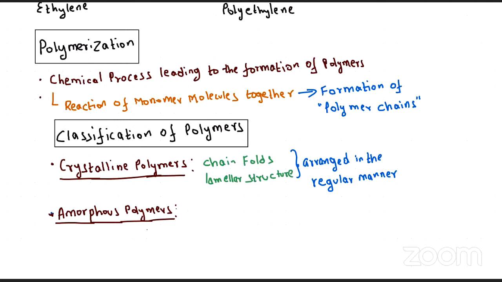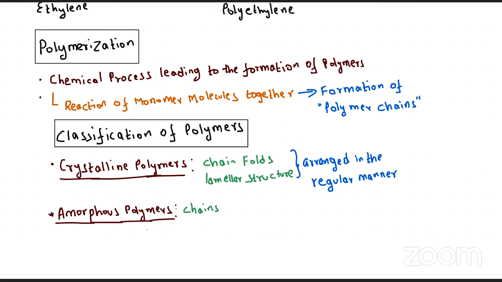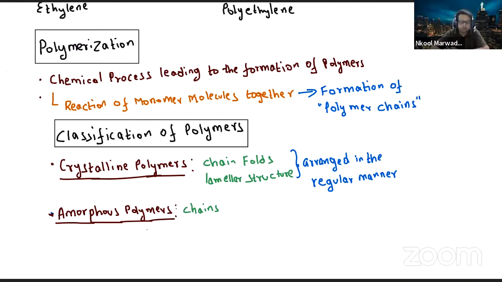Here the chains are in an irregular manner. What chain? Polymer chain. Because we know a polymer is made up of chains of monomers. That chain of monomers is not following a regular pattern in an amorphous polymer. It is irregular.